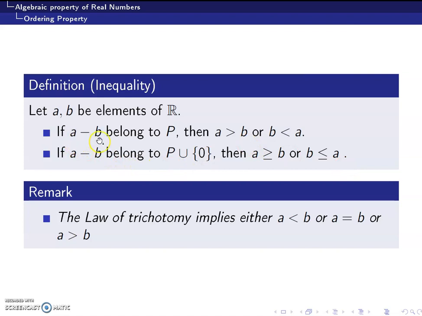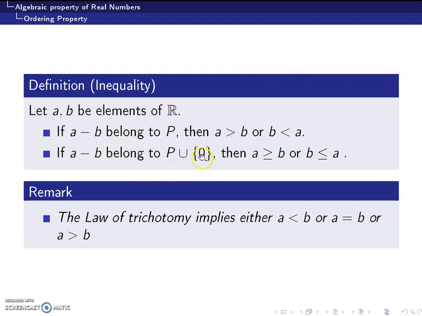In other words, A minus B belongs to P means that A minus B is greater than 0, which means that A is greater than B. So using the argument A minus B is in P of the ordering property, we have successfully defined a relation connecting the two elements A and B.